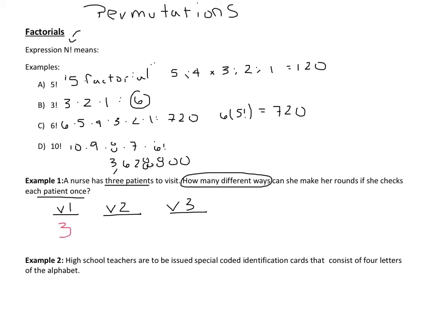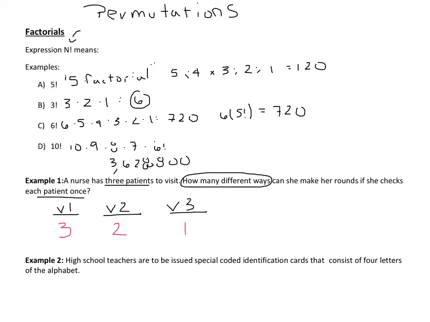So the first visit, she has 3 patients to choose from. The second visit, she's already seen one of her patients, so she only has 2 patients to choose from. The last visit, she's seen 2 of her patients already, so she only has 1 patient left to see.